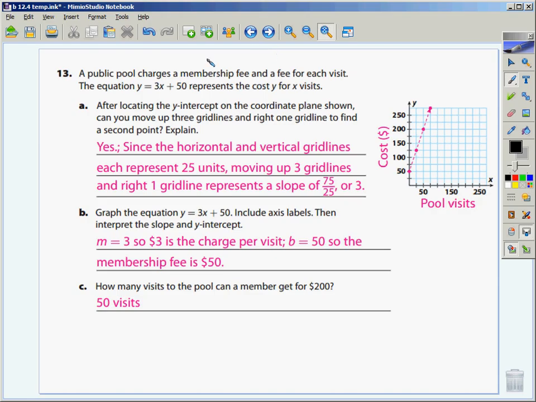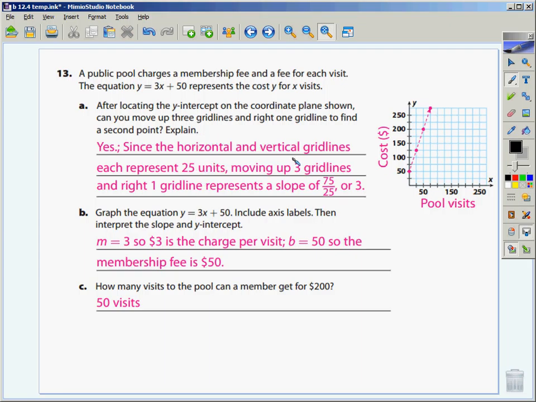Number 13, they gave me the equation y equals 3x plus 50. And again, the 3 would be the slope, and the 50 is where it's going to cross the y-axis. After locating the y-intercept on a coordinate plane, can you move up 3 grid lines and right 1 grid line to find a second point?